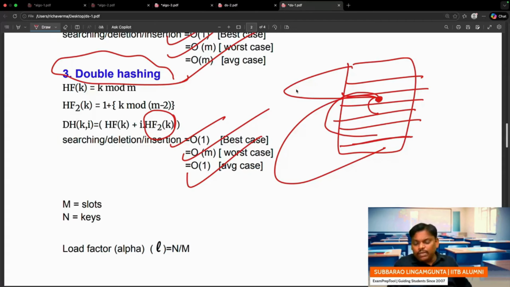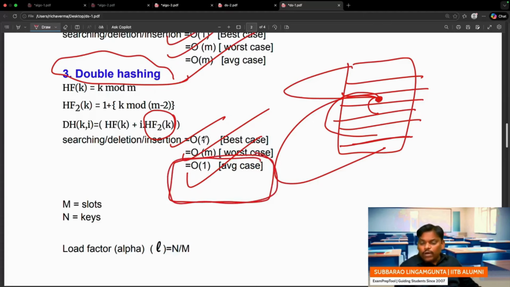It is almost like taking two chances. Normally a hash function doesn't have a problem because we select the best one, but unfortunately if one has a problem, you apply the second hash function, which may resolve it. That is the reason the average case becomes order of 1, because of two hash functions.